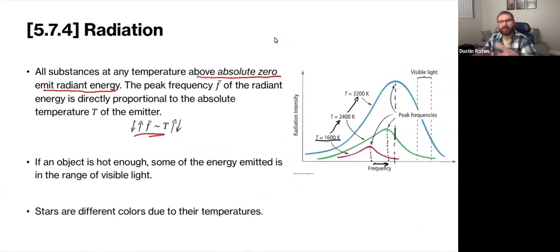So don't get that confused with the relationship we just talked about, where the frequency and wavelength are inversely proportional. If you take just a regular old object, and it's hot enough, if you heat it up enough, it can actually start pushing this peak frequency into the range of visible light.